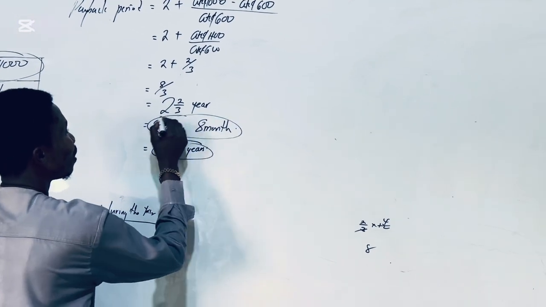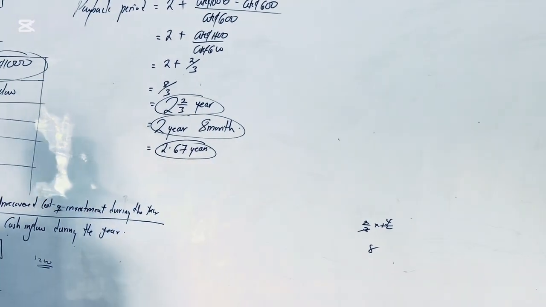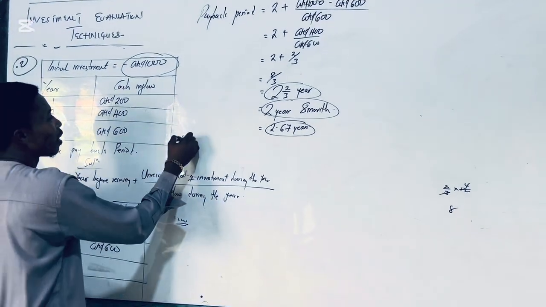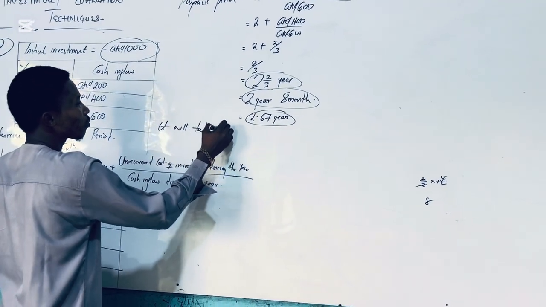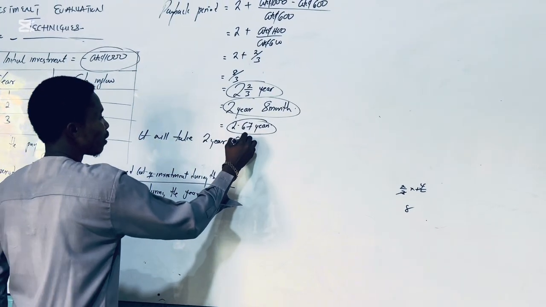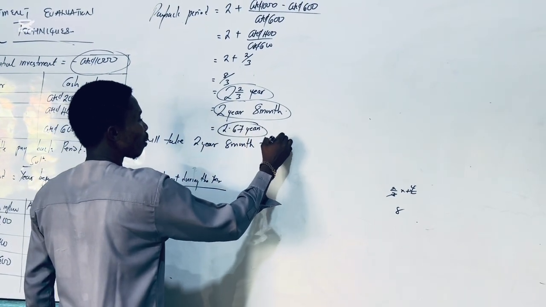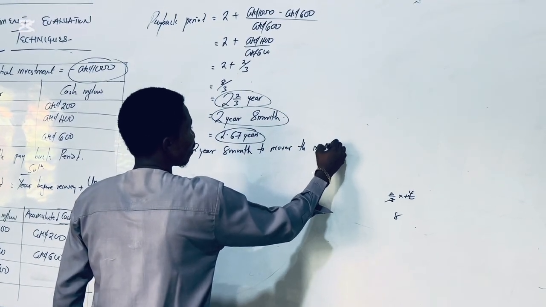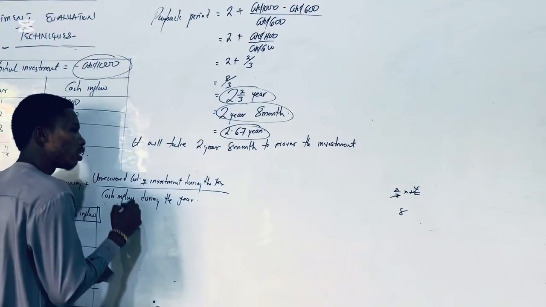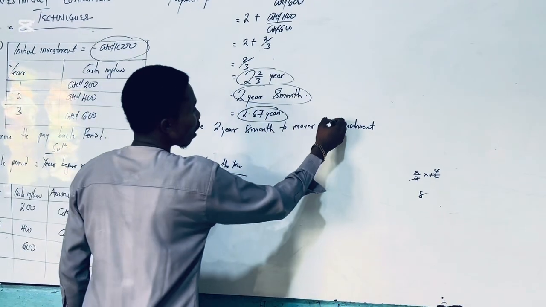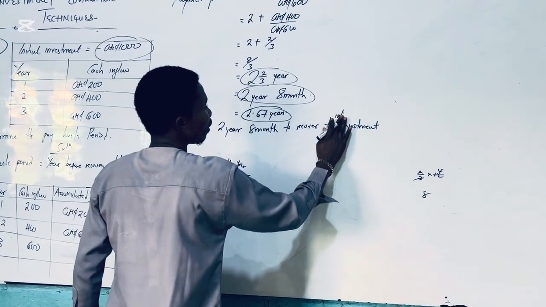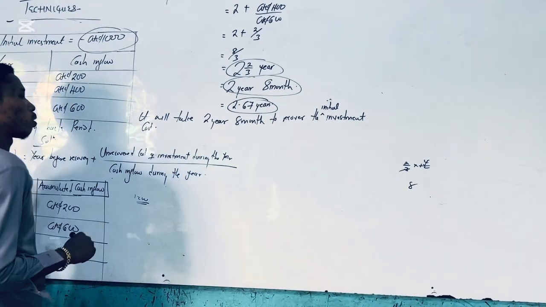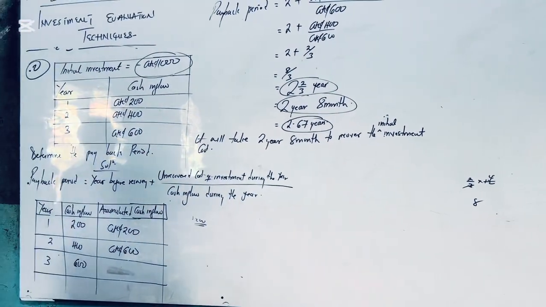This can be written as our final answer. What does it mean? It means it will take 2 years, 8 months to recover the initial investment cost. That is what it means for this question. Good.